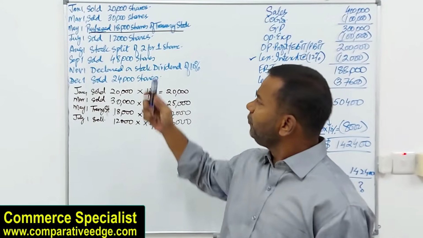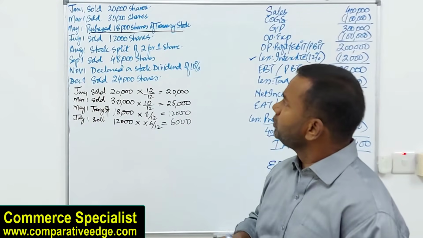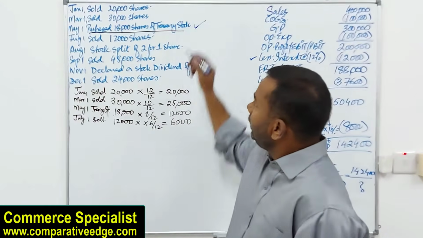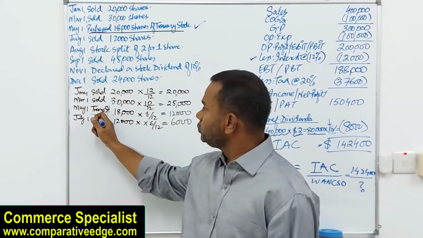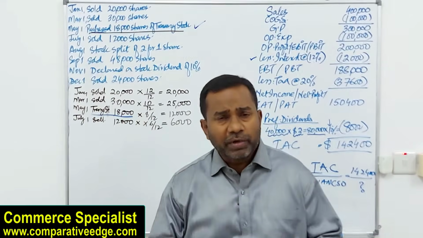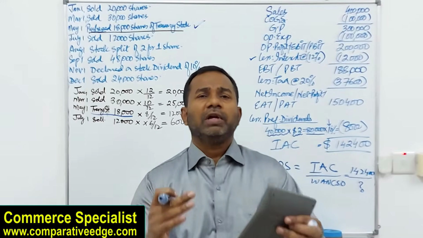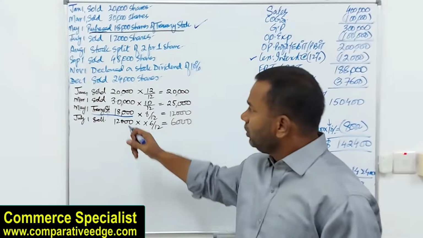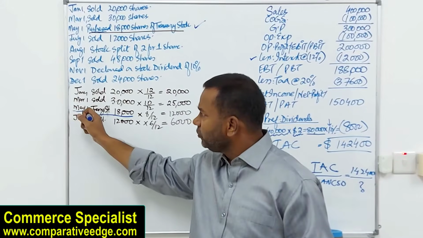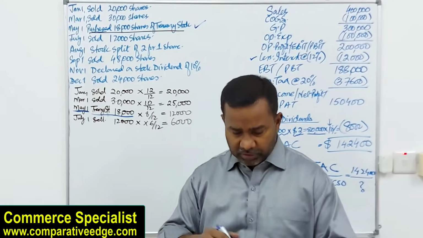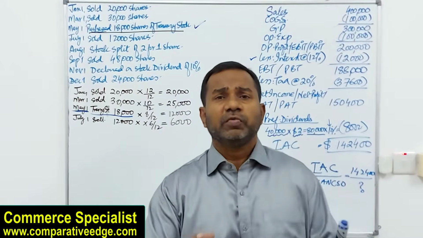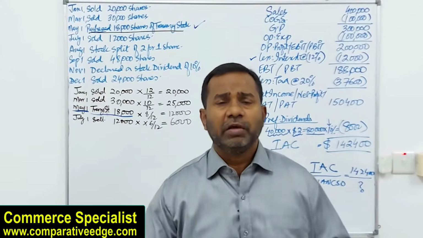Then on May 1st, treasury stock is purchased. 18,000 treasury stock. Treasury stock means you're buying your own shares. When a company buys its own shares from the market, we call it treasury stock. The day is 1st of May, you're buying treasury stock. So from May onwards, the shares were not outstanding, they were with the company.